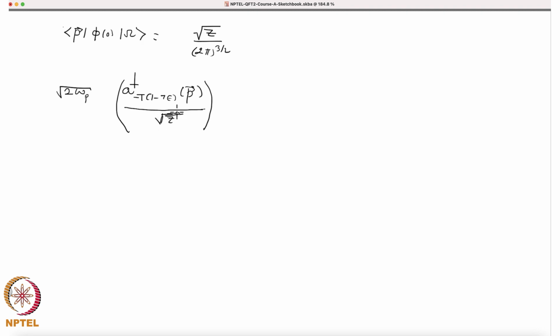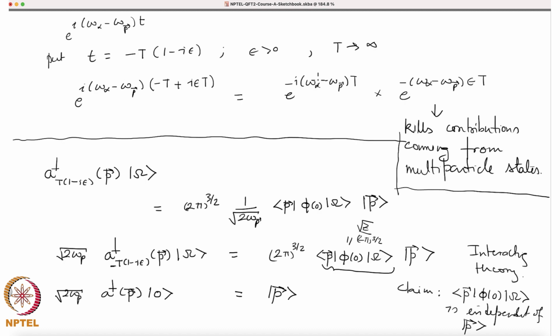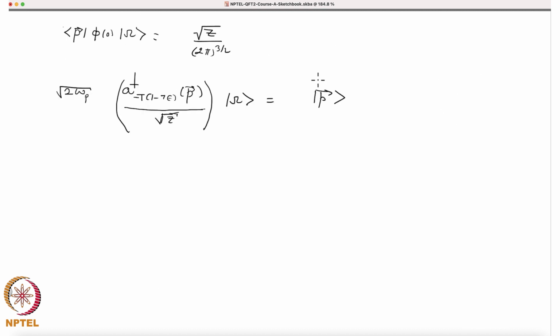We'll talk in a little bit more detail about z later. Times the vacuum, this is equal to a single particle state. So this is for your interacting theory. Let me write the equivalent thing for free theory.